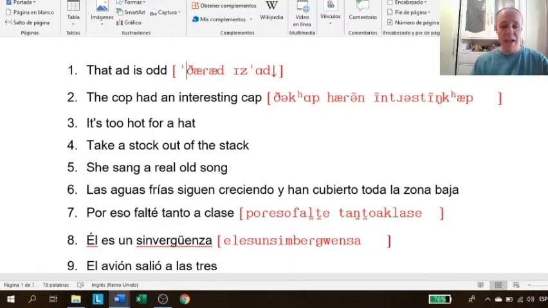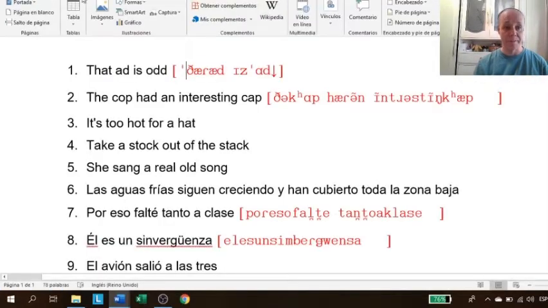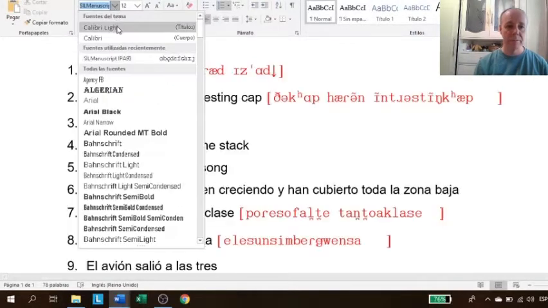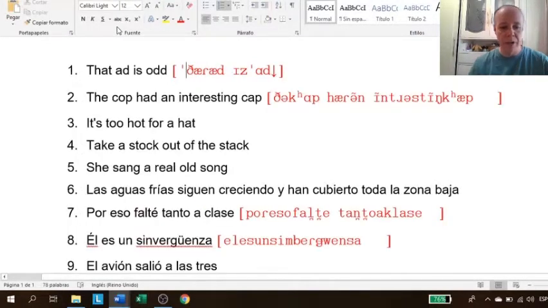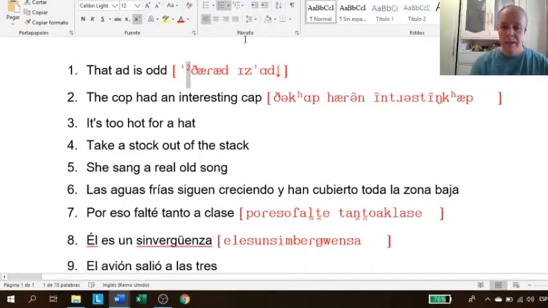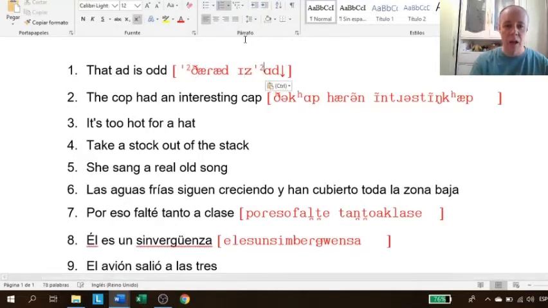But depending on that, I need to write the numbers. So I'm going to write the number here, like this. And this is a full transcription.